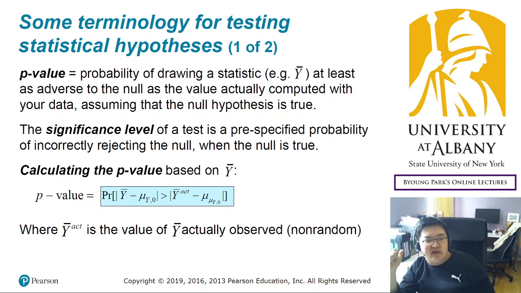So for example, think about getting 99 heads and 1 tails. Can it happen? Of course not. This is what it says: adverse to the null hypothesis. If you have 99 to 1 as a result, that means it strongly contradicts your null hypothesis.